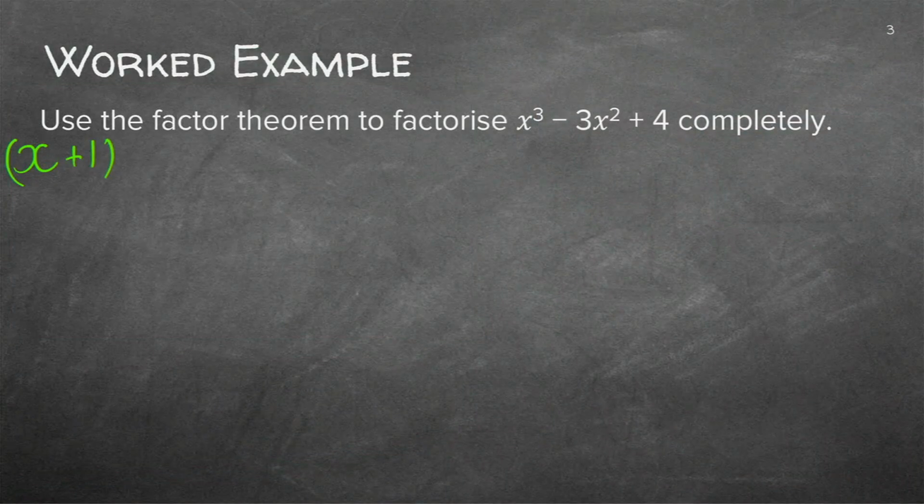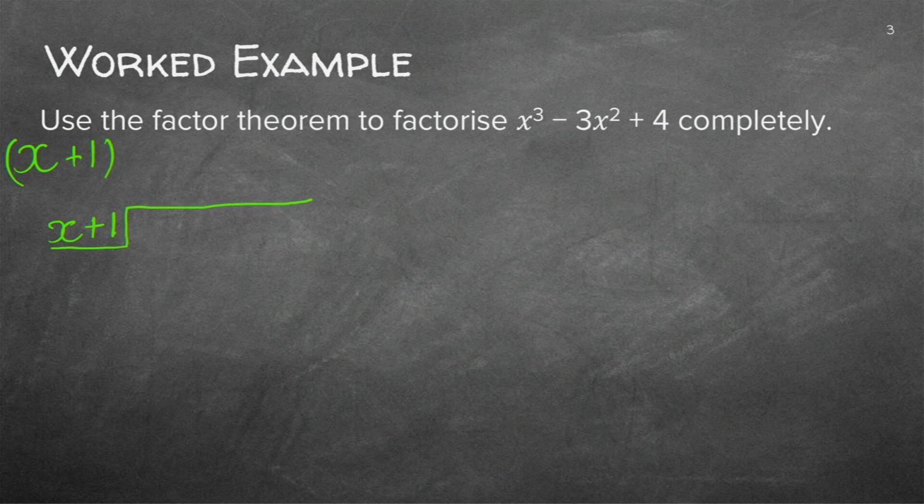We are going to divide x plus 1 into x to the power of 3 minus 3x squared plus 4. And this is how it's done, guys. You're going to write your x, here's my pen, and you divide x plus 1 by what?